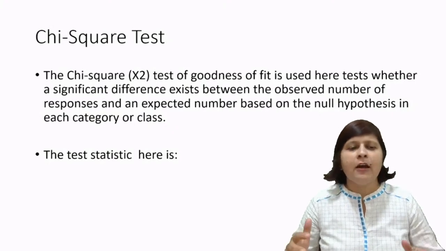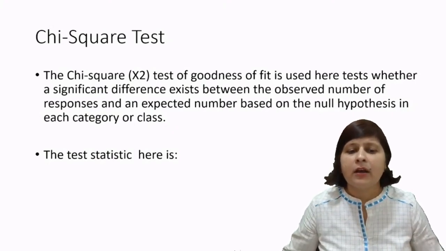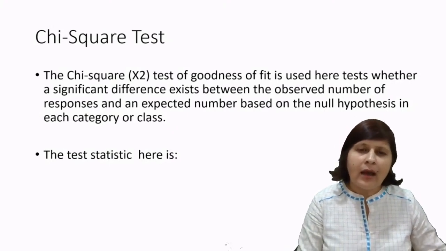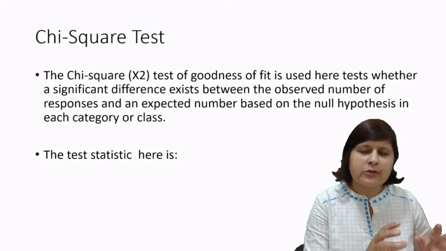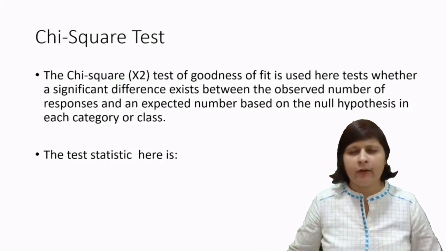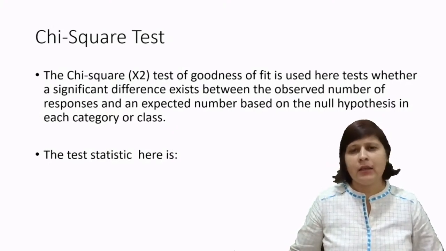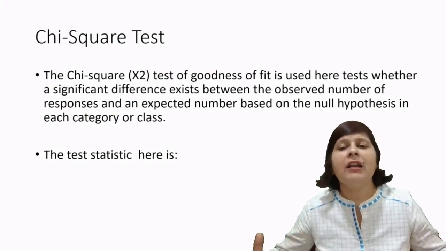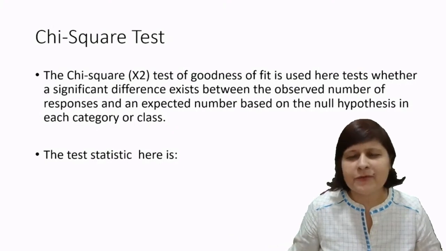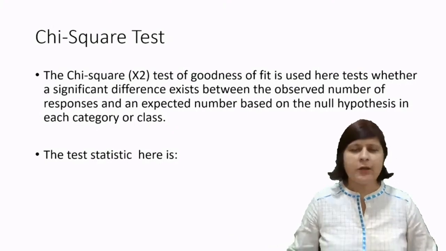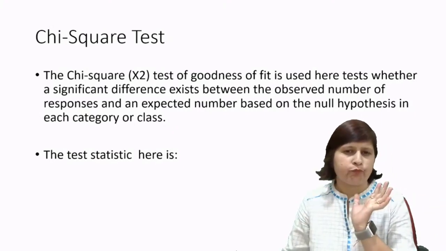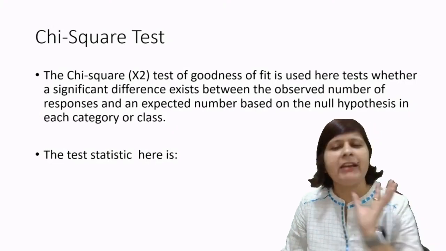We have 3 colors A, B and C, and we want to know which color people like most. We have a sample of 90, and according to us 30 people will like A, 30 will like B, 30 will like C. This is our expected value.